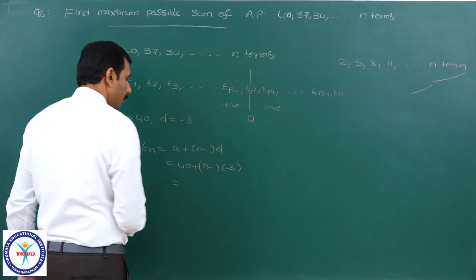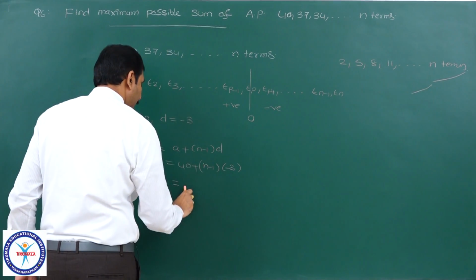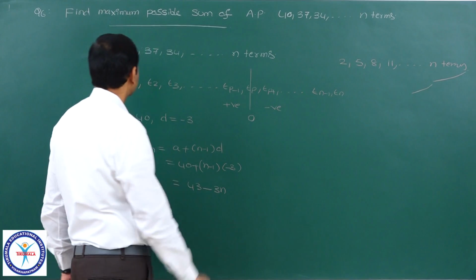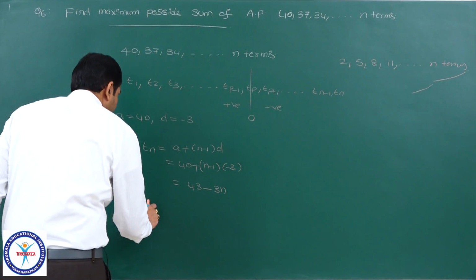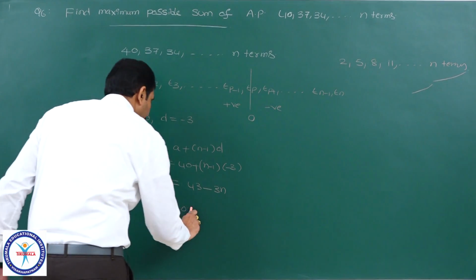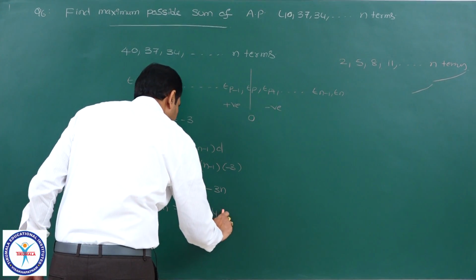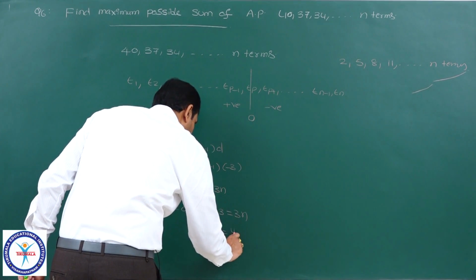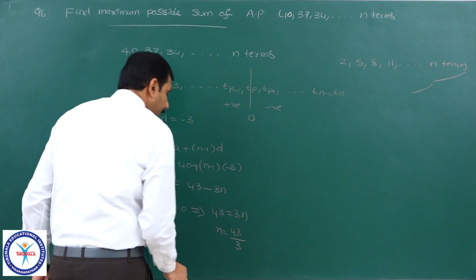It is equal to, observe this, 40 plus 3, 43 minus 3n. Now, I will check the term where this Tn equal to 0. Tn equal to 0 means 43 is equal to 3n, n equal to 43 by 3.